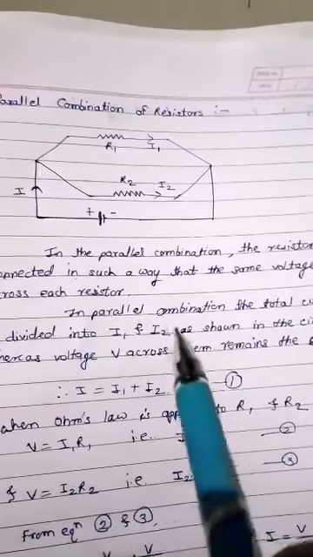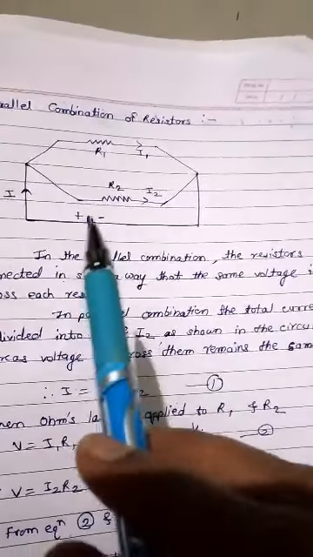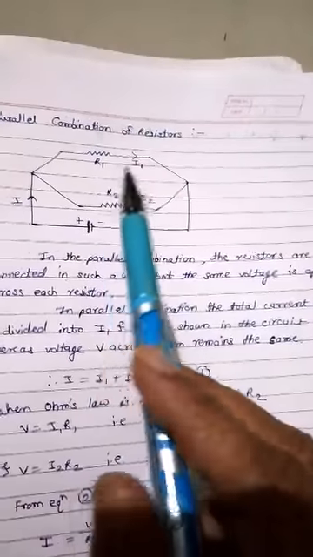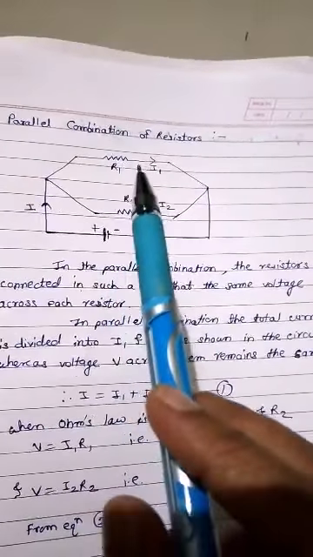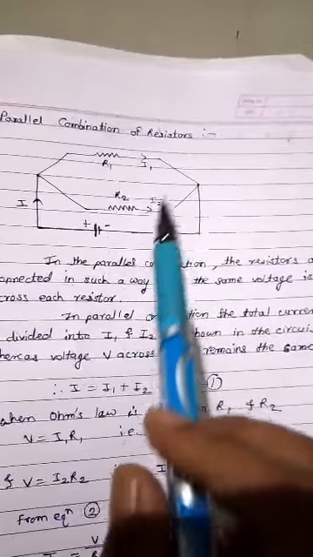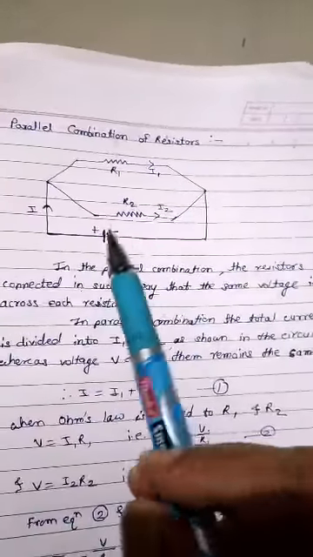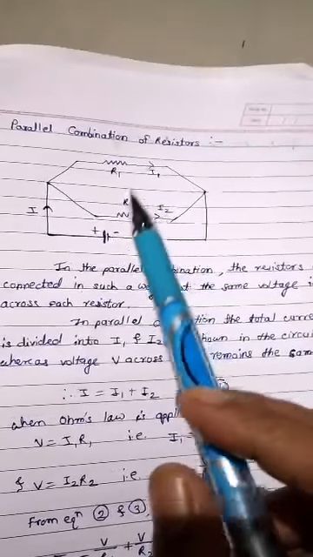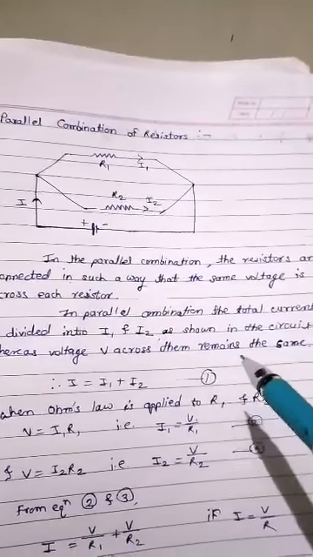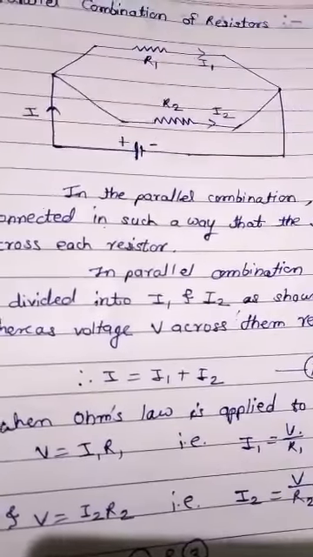So in parallel combination, total current I is divided into I1 and I2 as shown in circuit diagram, whereas voltage V across them remains the same.